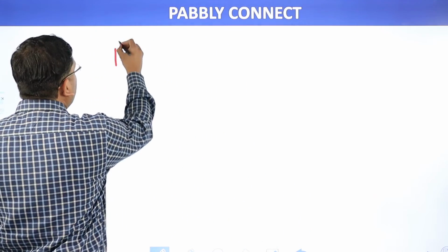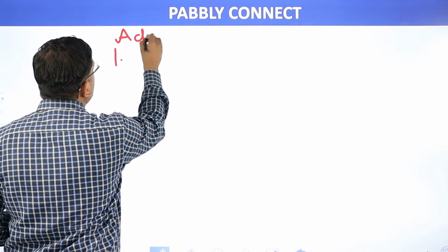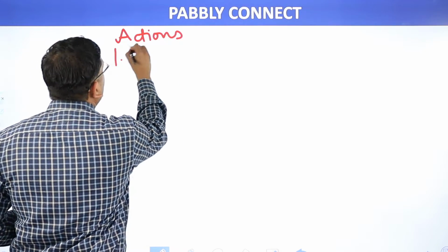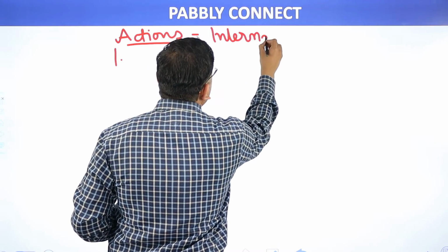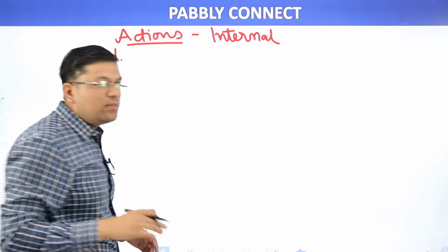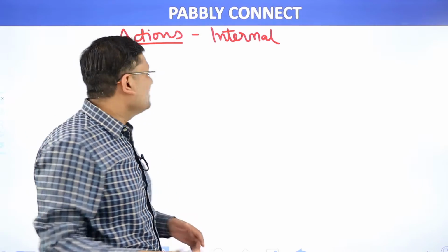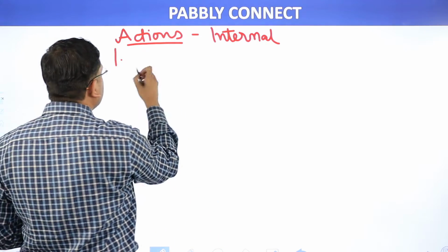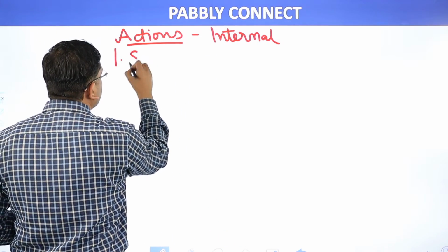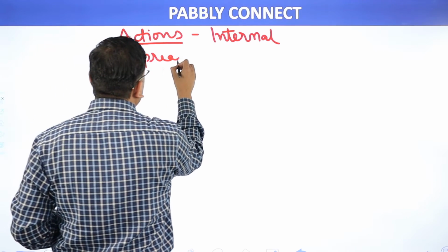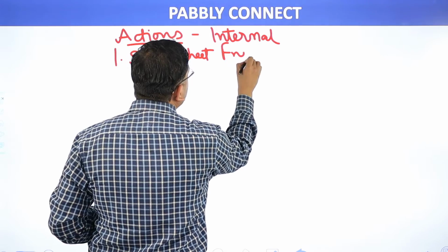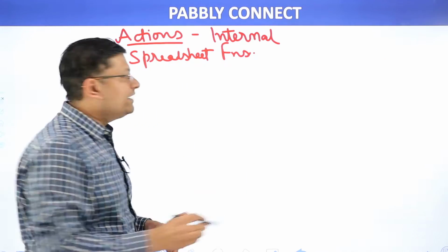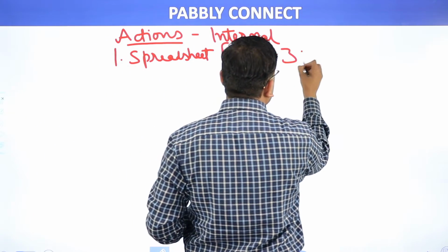So talking about actions, all the internal actions that you do inside our platform are entirely free. For example, we offer more than 300 spreadsheet functions, and they are completely free.